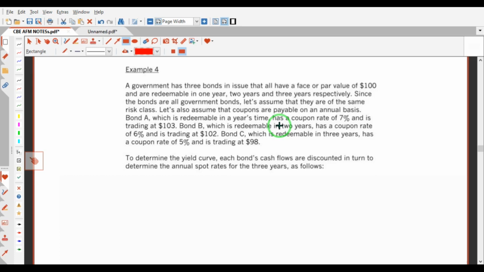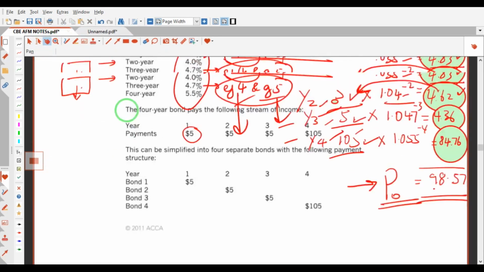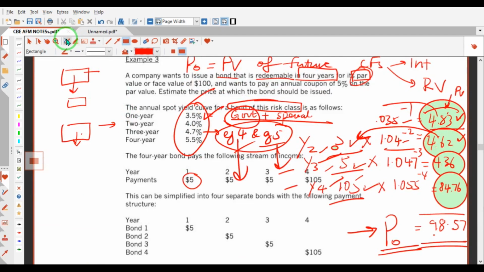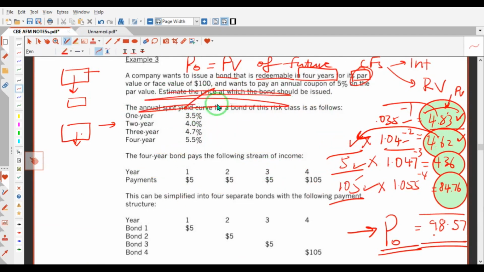And now we are moving on to find, how are you going to find? Because in example 3, just to recap, we were told the annual yield curve of the company based on the risk class.